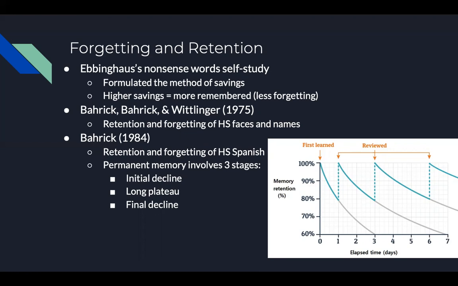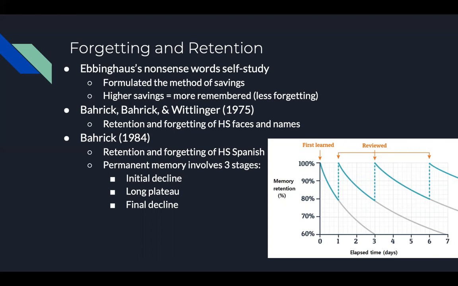Based on his rigorous testing of his own memory, he came up with a measurement for memory that came to be called percent savings, or the method of savings. And so this is a measure of the degree of forgetting that had occurred over time.